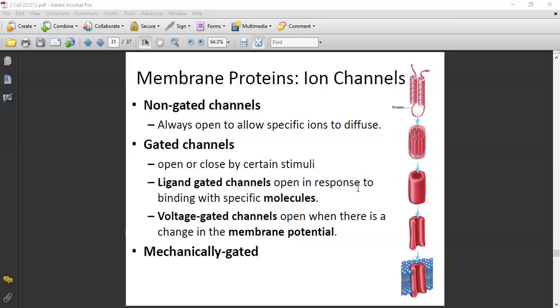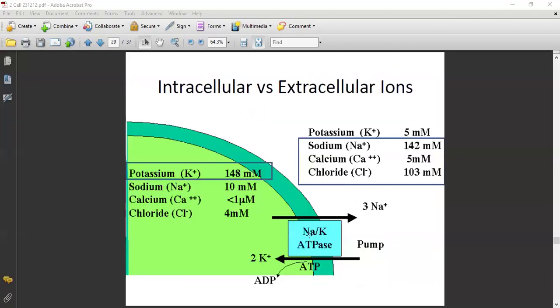Not every cell has the same set of ion channels. So this will be different depending on the cell. Every cell has this sodium-potassium ATPase, so this is universal. But when you go into other kinds of ion channels, it will be dependent.